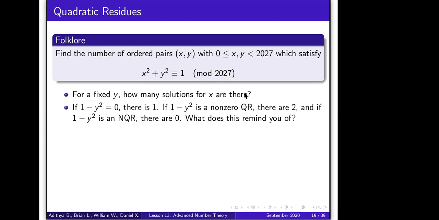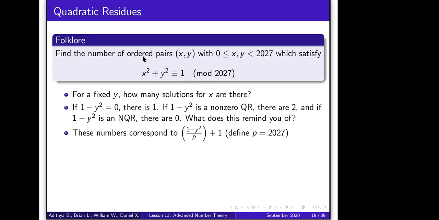So what do these numbers remind you of? Yeah, they look like the Legendre symbol, but we're adding 1. So as Aaron said in the chat, these numbers correspond to ((1 minus y squared)/p) plus 1, where p is equal to 2027.